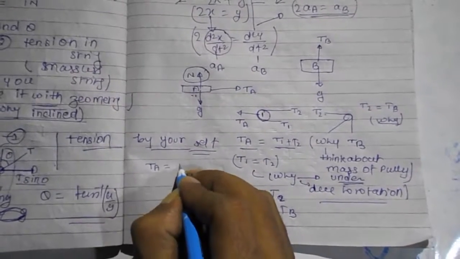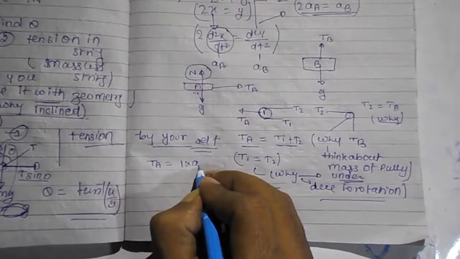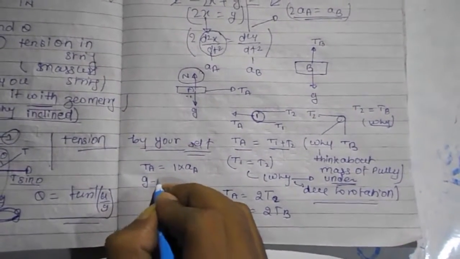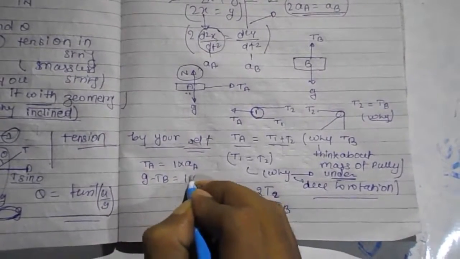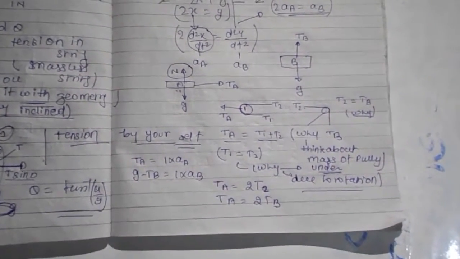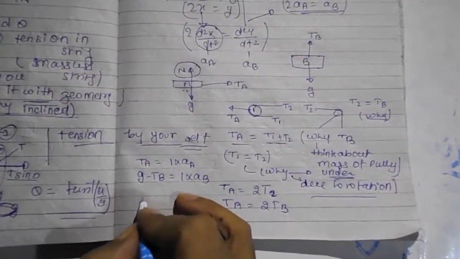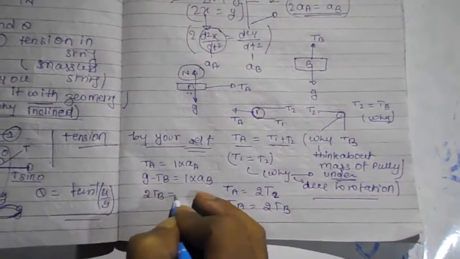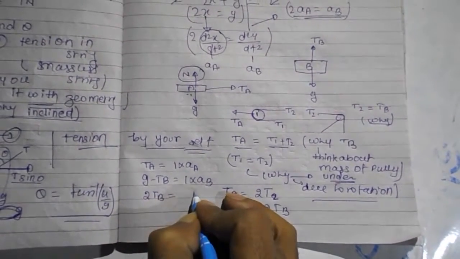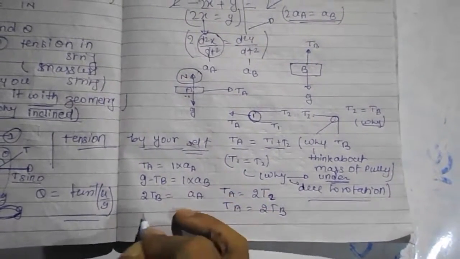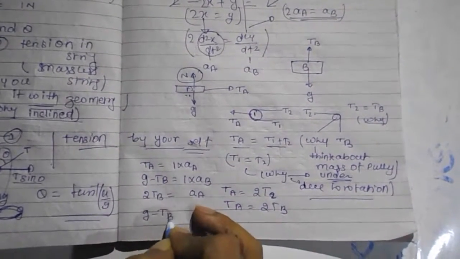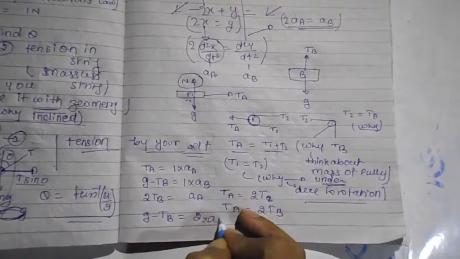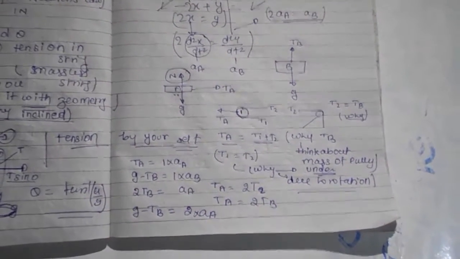TA is equal to 1 into acceleration of A, and G minus TB should be equal to 1 into acceleration of B. Okay guys, if you see this carefully, what can I write? 2TB is equal to acceleration of A, and G minus TB should be equal to 2 into acceleration of A.